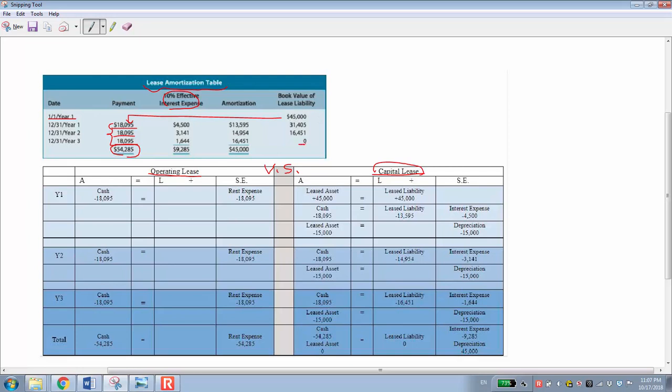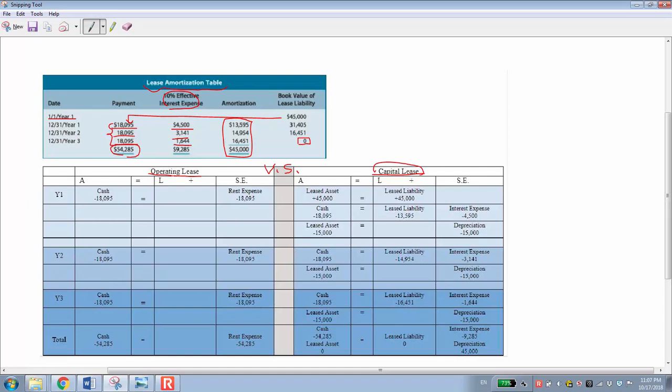Finally, the lease liability will be 0 because the lease payments have been completed. This is interest expense, which is the product of 10% and the book value, or the amortized value. And this is amortization, which is the difference between payment and interest expense.